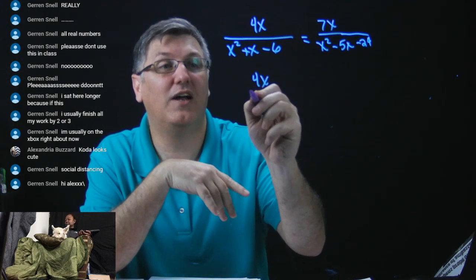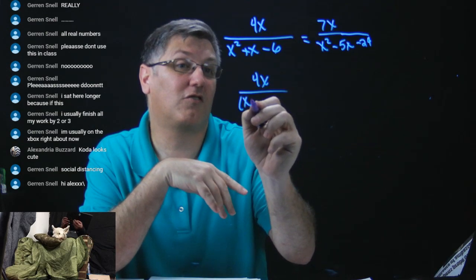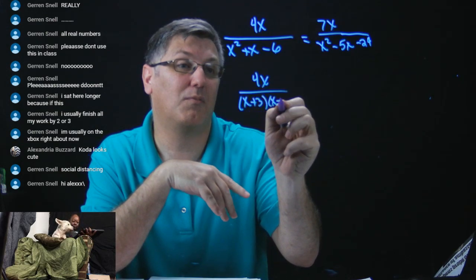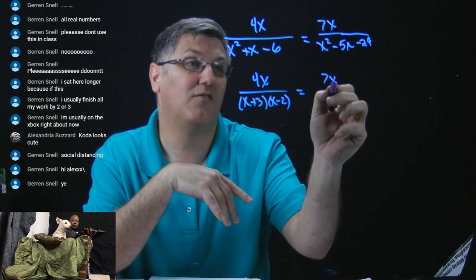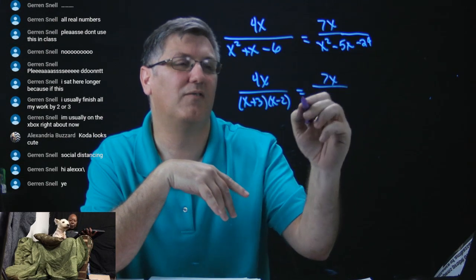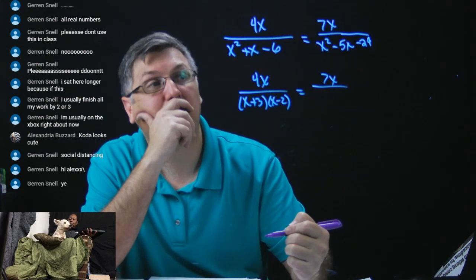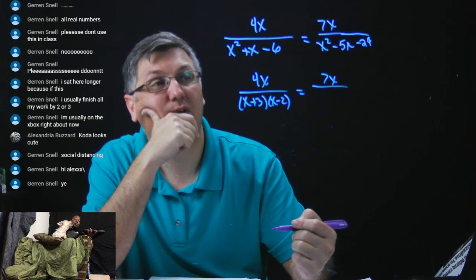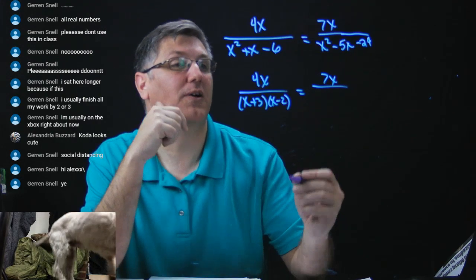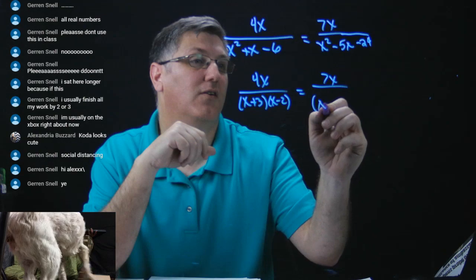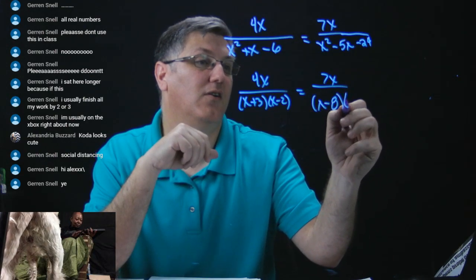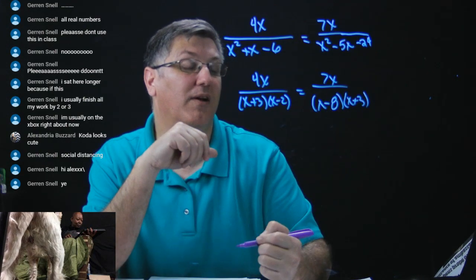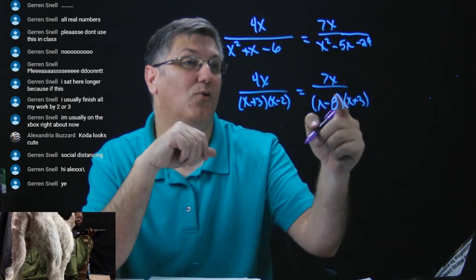So we have 4x over x plus 3, x minus 2 equals 7x over... 6 and 12, no. 8 and 3. x minus 8, x plus 3. Wow, I had a brain fart there. This gives me my negative 24, and it gives me negative 5.